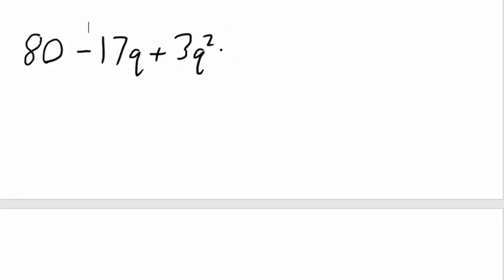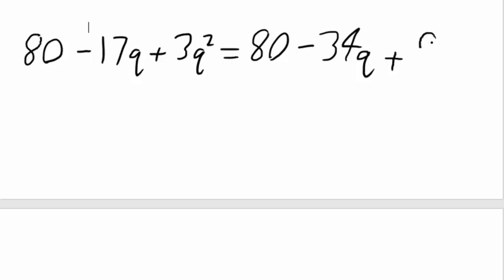Now that we know our average cost and our marginal cost, we can set them equal to each other. Our average cost was 80 minus 17Q plus 3Q squared, and that's equal to our marginal cost of 80 minus 34Q plus 9Q squared.